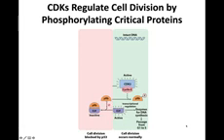The retinoblastoma protein, PRB, can bind E2F, as shown here, thereby inactivating it and preventing transcription of these genes. Phosphorylation of PRB by CDK2, as shown here, prevents this retinoblastoma protein from binding to the transcription factor E2F.